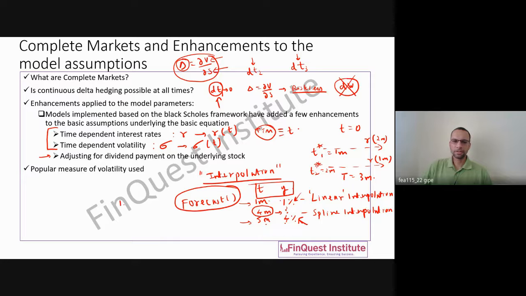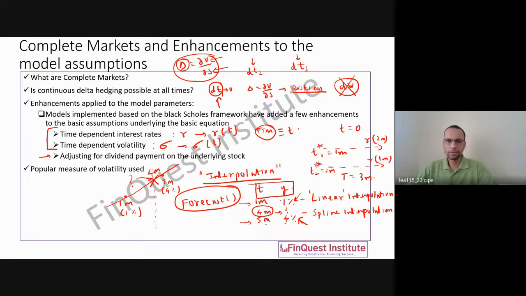So if I have 1 month at 1%, and 5 months at 4%, and this is the 4M cross section I'm looking at, I fit a straight line between the 1M and 5M points, and this cross which I have shown here is the rate for 4 months. The question mark which I've written is what I try to find through this. So this is what we call linear interpolation.